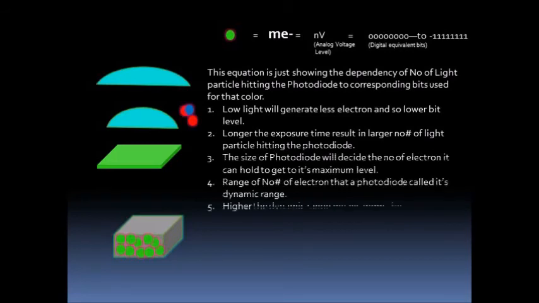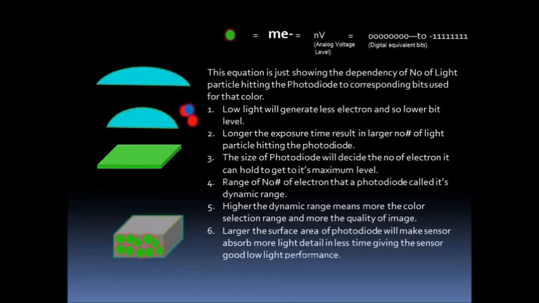So in low light you see that fewer electrons will be generated by the light on that pixel, so it will be a low bit level. And even in low light, if we have a longer exposure time, we are allowing the light to hit that pixel for a longer time, so it will be able to generate more electrons, and we can have the desired bit level from that pixel.